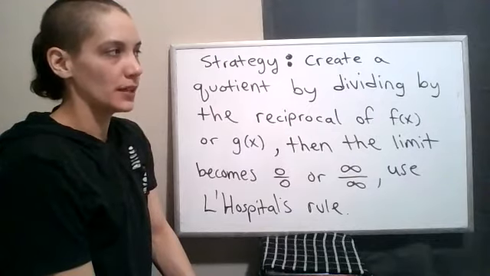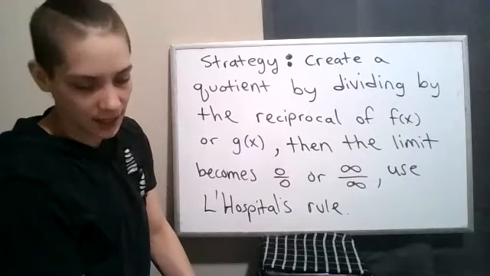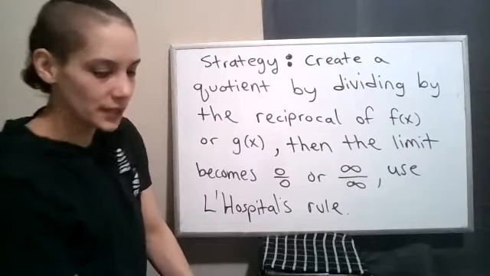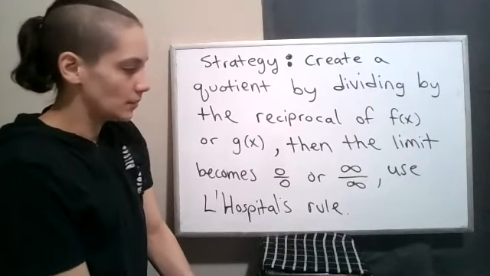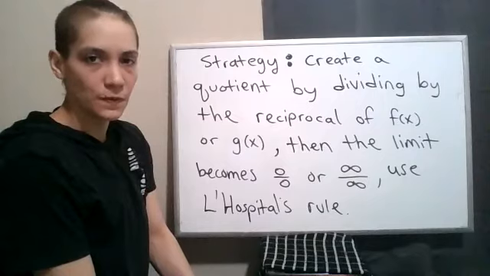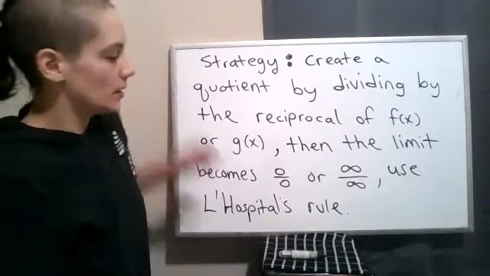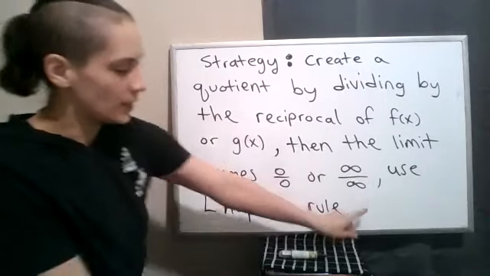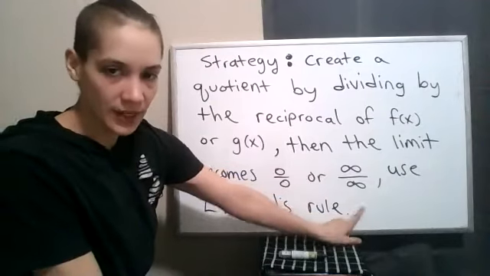I think we're just going to practice with an example, and that'll be enough. So we're going to write f of x times g of x.